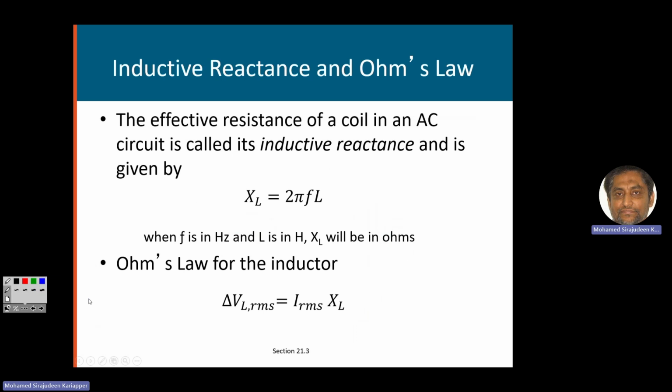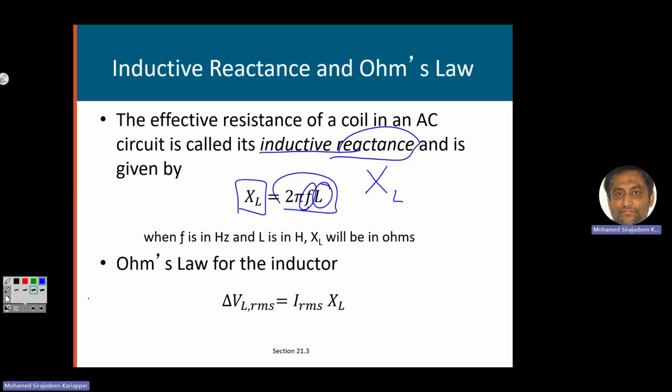Okay, so now go to Ohm's law in the case of the inductor. So this time we have a reactance like in the case of the capacitance, and we call it inductive reactance. The symbol is X with the sub L. So the inductive reactance is again a function of the frequency and the inductance of the inductor.